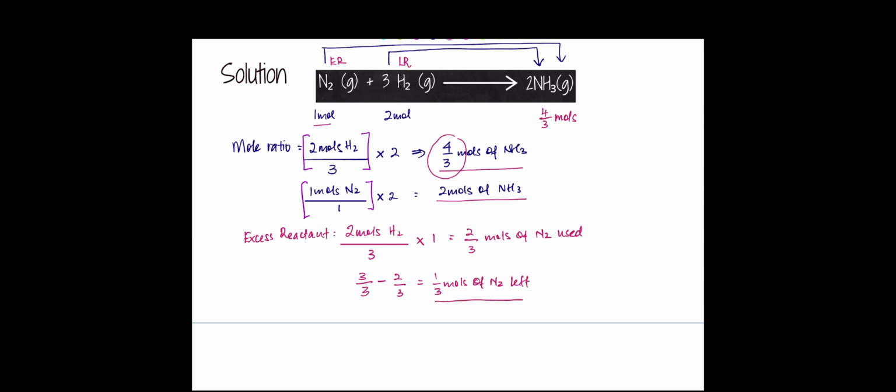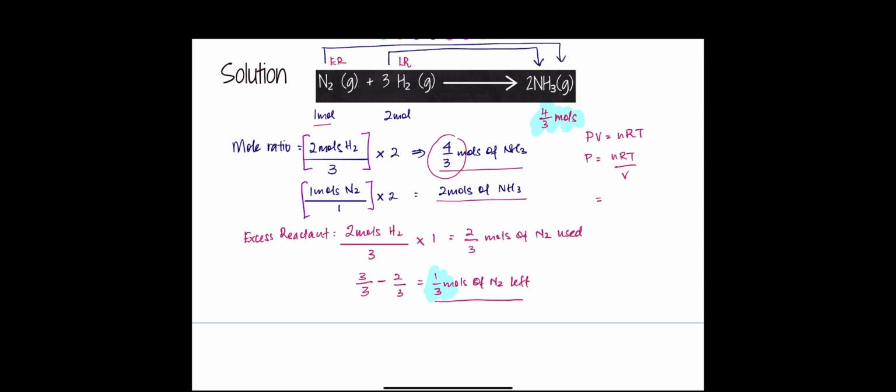So this is an important number because it will contribute to the total pressure in the reaction vessel. What do I do next? I plug it into the ideal gas formula. PV equals nRT. Since I'm calculating pressure, my manipulation will be nRT over V. My n now can be a summation of ammonia and nitrogen.